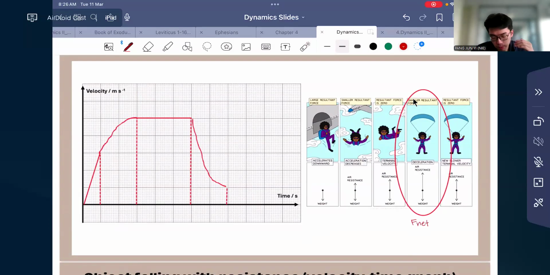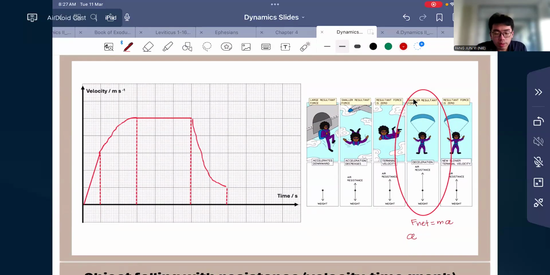This means that I have an acceleration that is at first quite high, initially when I open up the parachute. Maybe you all won't experience this, but it's as if someone suddenly pulls you back.